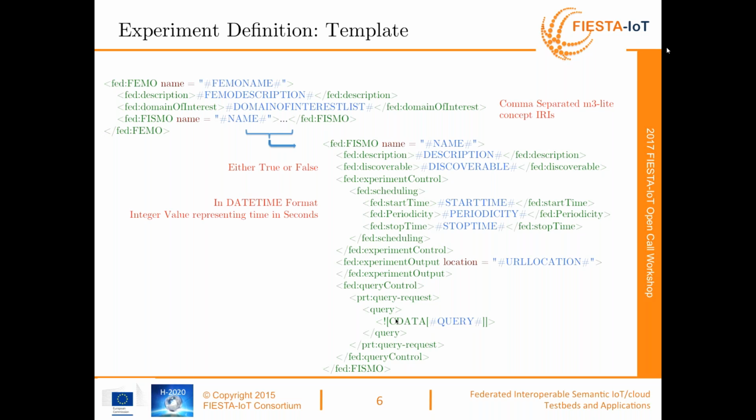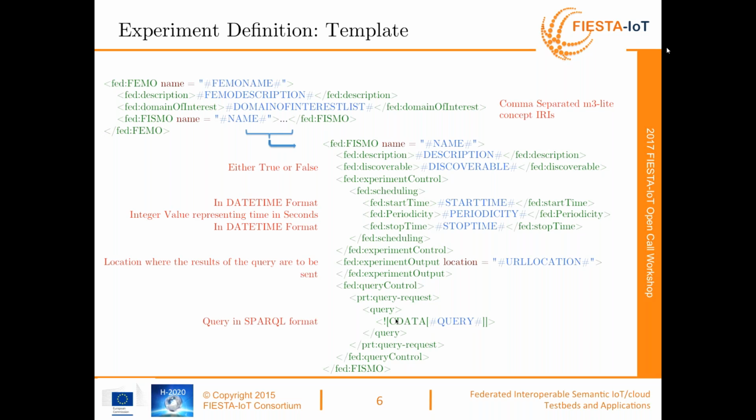Then for the scheduling, the start time is basically in date time format. The periodicity is an integer value representing time in seconds, and the stop time is also in date time format.